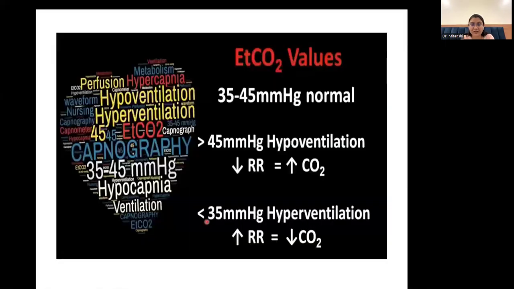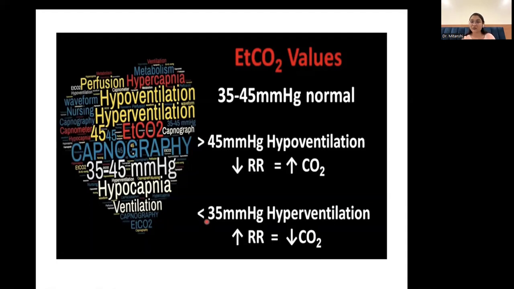So what is the normal range of EtCO2 values? 35 to 45 millimeters of mercury is normal. If my EtCO2 values are going above 45, that means my patient is hypoventilating. I want you to understand, this is how we breathe. If I'm breathing slow, I'm not expiring adequate CO2 volumes.